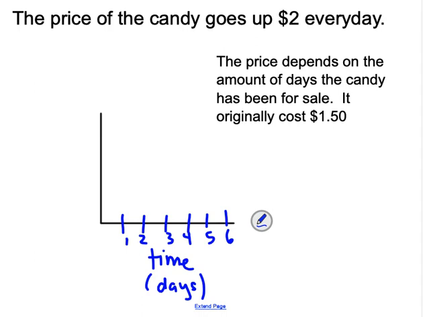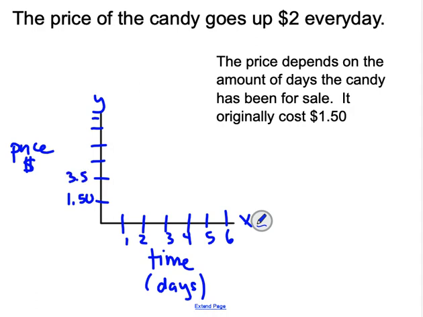Then the y-axis talks about the price. And it says that it starts at 150, so maybe we put a mark here at 150, and then it goes up $2 every day. So maybe our scale here, since we're dealing with money, will go up by $2.